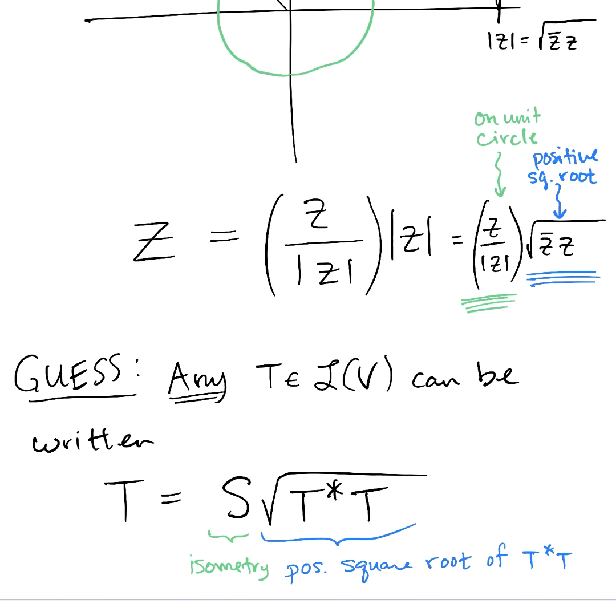And we are guessing that any operator can be written as an isometry times the positive square root of T star T. Now, let's make sure we believe in this positive square root of T star T.